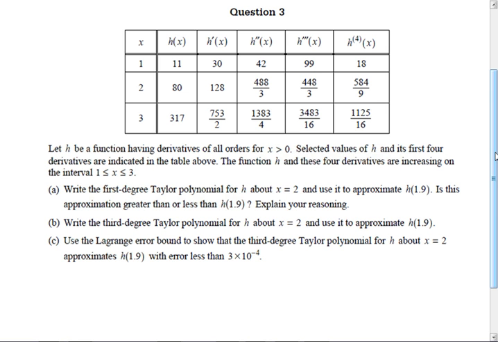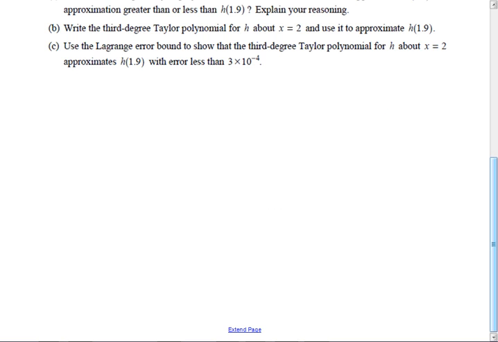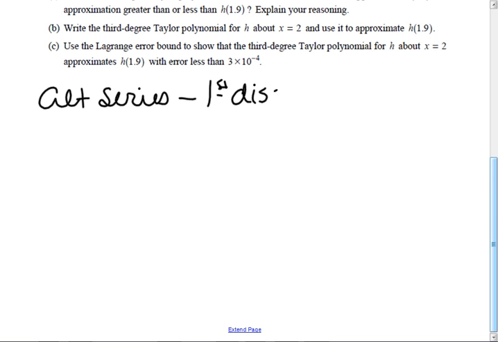How are you going to do the first one? Okay, well, here's the Lagrange error bound. Now, alternating series, it's very much like the alternating series. In the alternating series, you take the first discarded term. Guess what? You do the same thing with the Lagrange error bound.